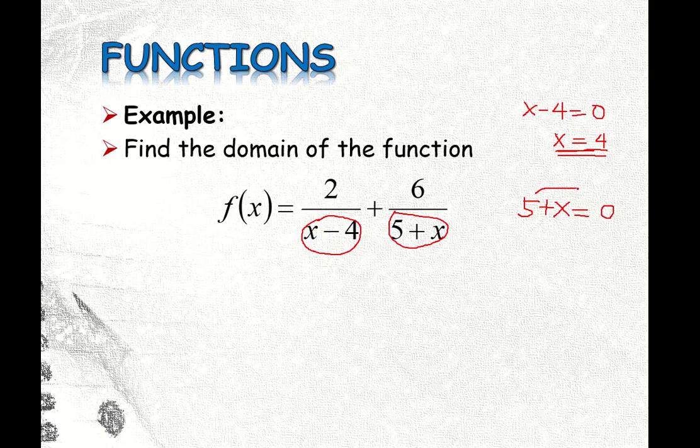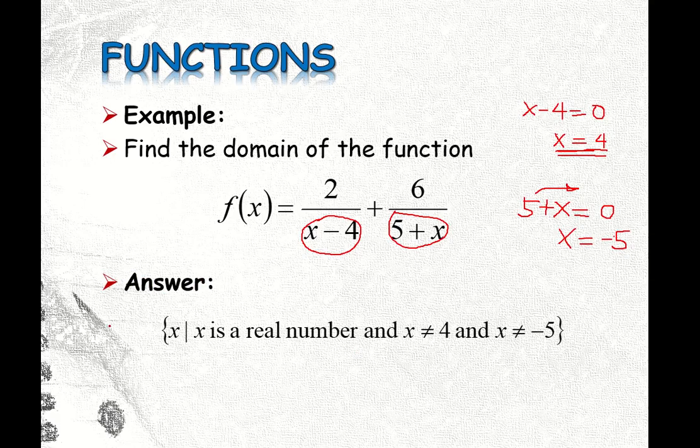So we get x equal to minus 5. These are the values of x that can make the denominator equal to 0, so it will make the function undefined.